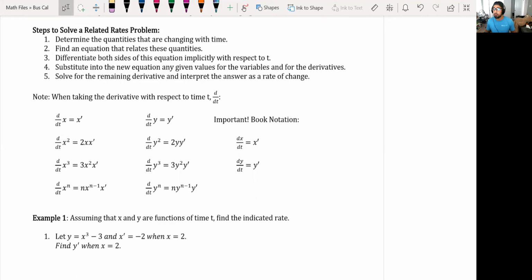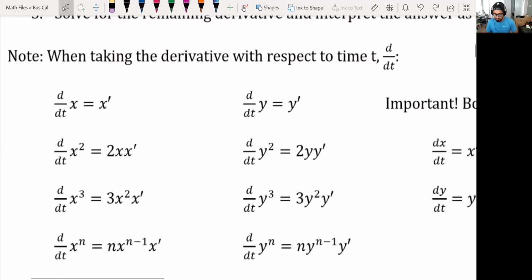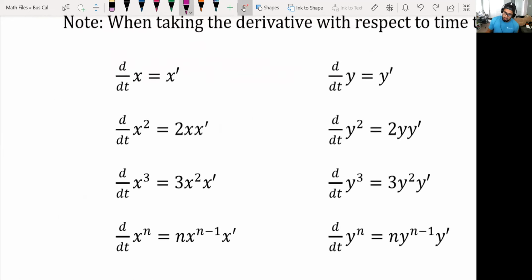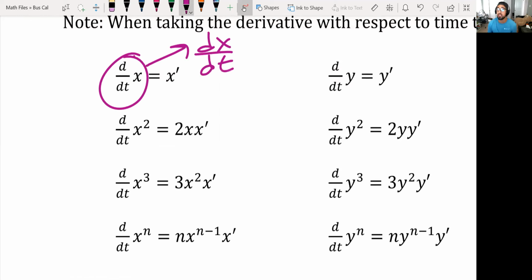Some key things to note: there's going to be some complicated looking notation. Last time we were deriving with respect to x, so we were saying d over dx, but today we're doing d over dt. When you're working the homework, you're going to see something like solve for d over dt of x, or what is dx over dt.